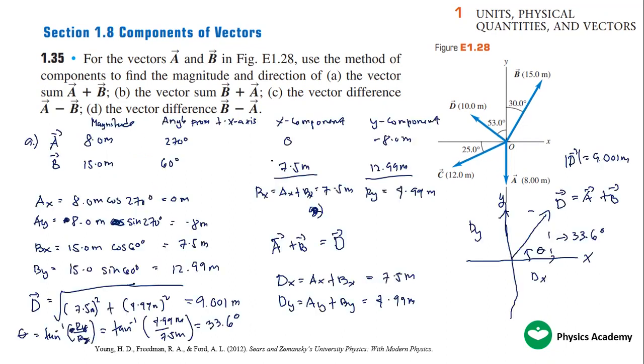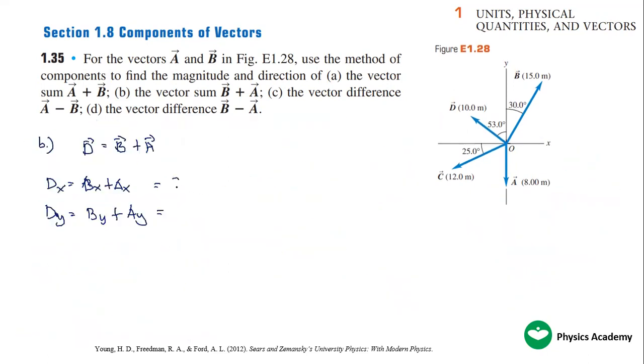So our bx is 7.5 plus 0.0 meters, our ax, and here we have 12.99 meters plus the negative 8.0 meters.